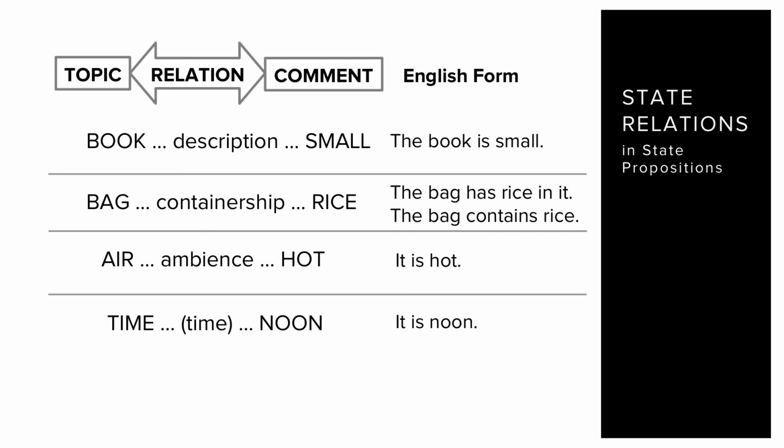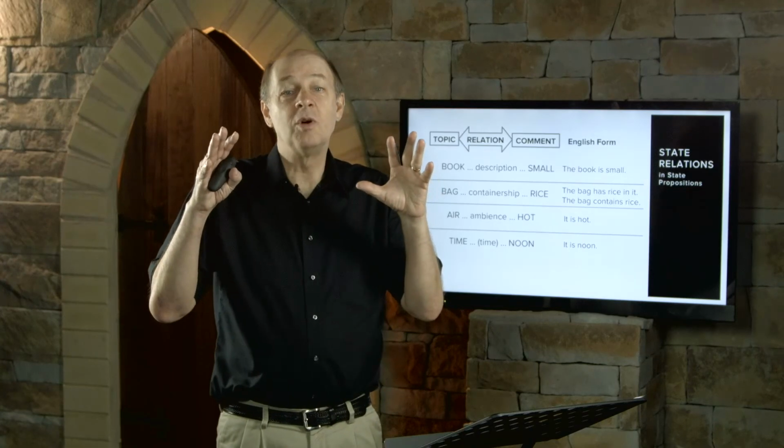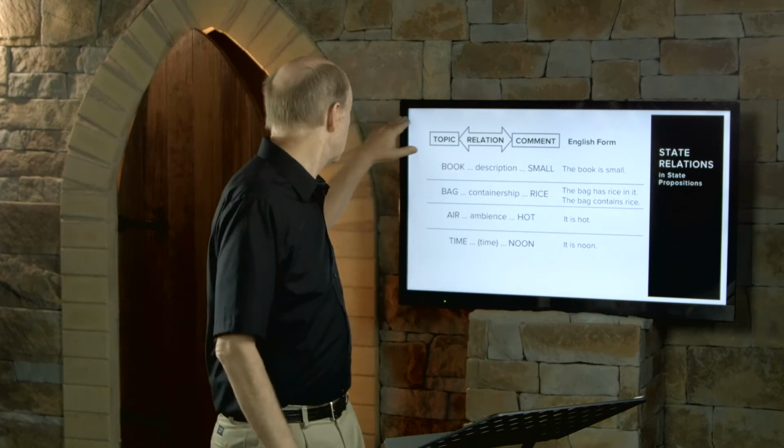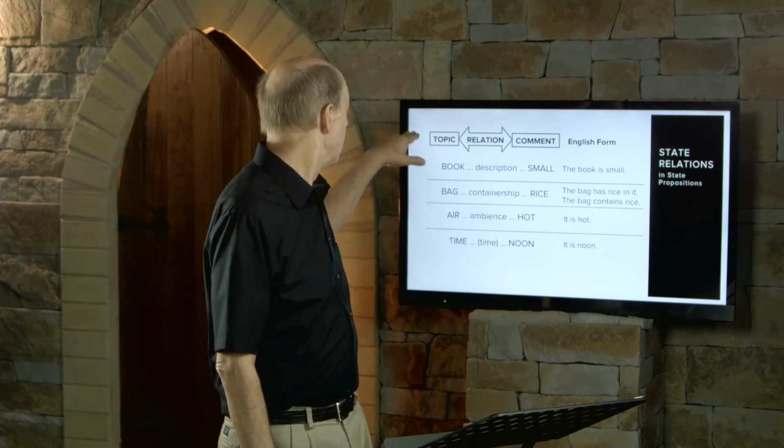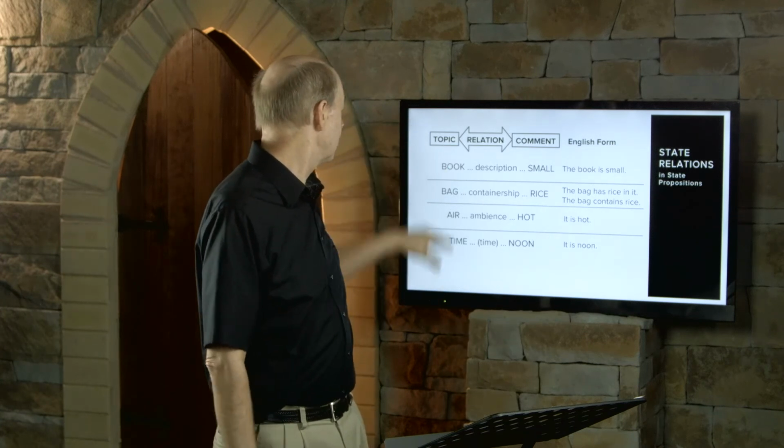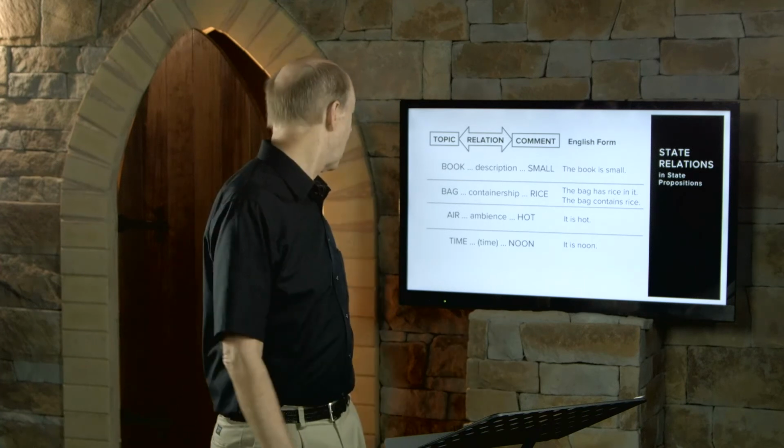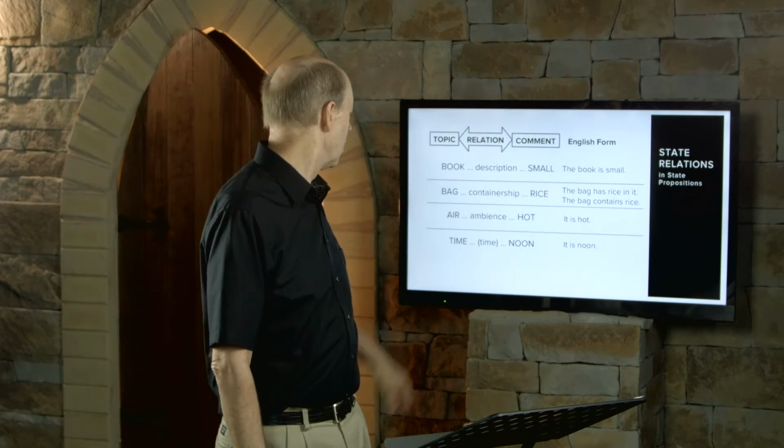Or bag is the topic, comment is rice. The relationship is containership, if that's actually a word. It probably isn't, but that's fine. There is almost no limit to the descriptions that we can use for the relation between concepts within state propositions. Sometimes we have to make up a word.